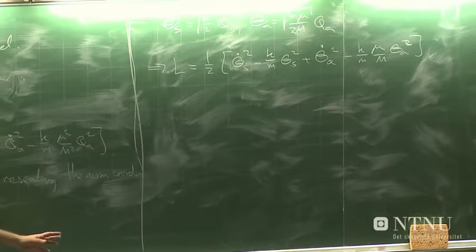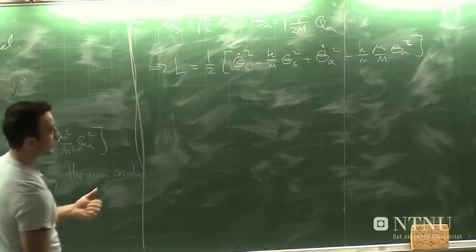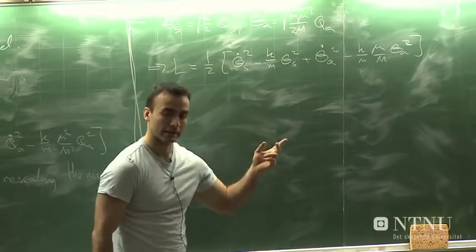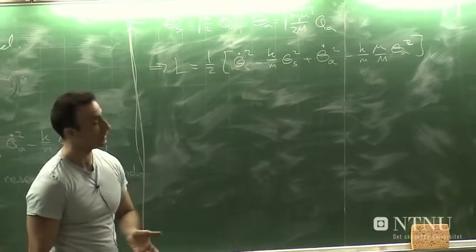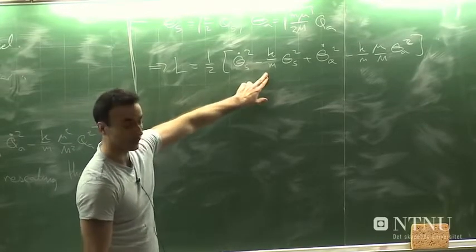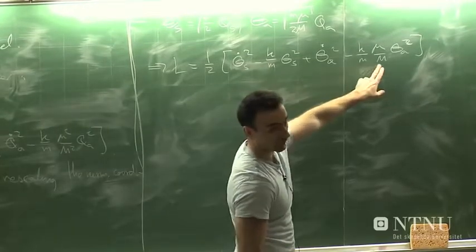So now we can not only find the solution for theta s and theta a immediately, but we also know what the eigenfrequencies are. This is the first eigenfrequency squared. This is the second eigenfrequency squared.